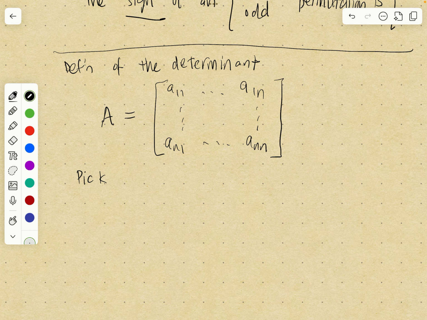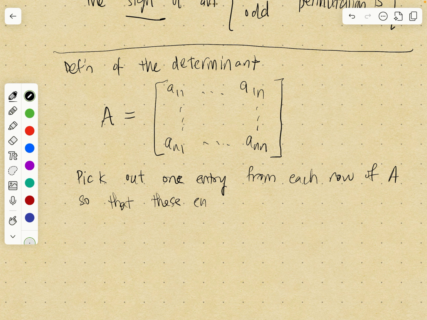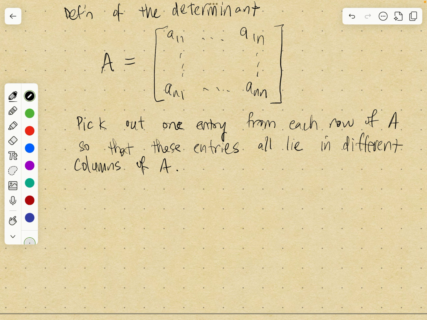First of all, you pick out one entry from each row of A so that all the entries lie in different columns of A. Okay?